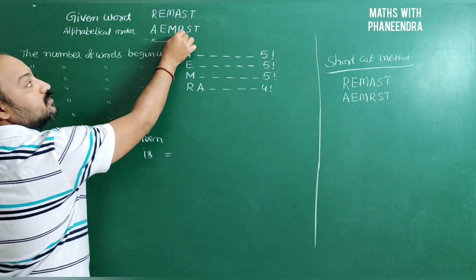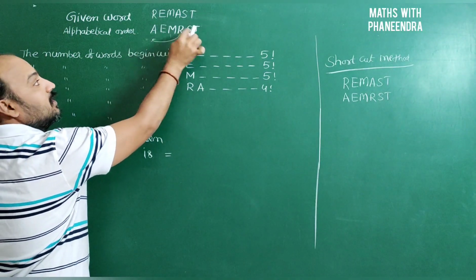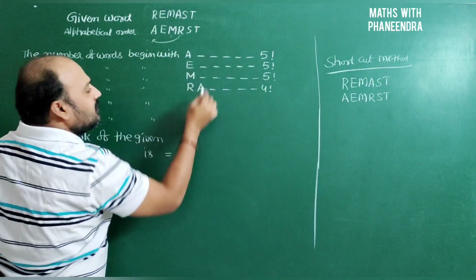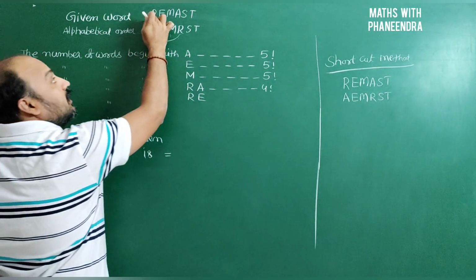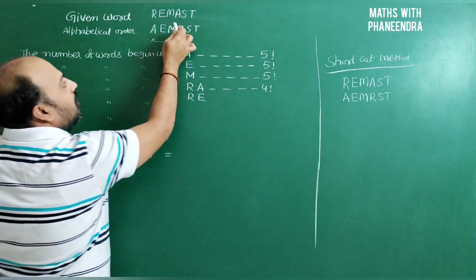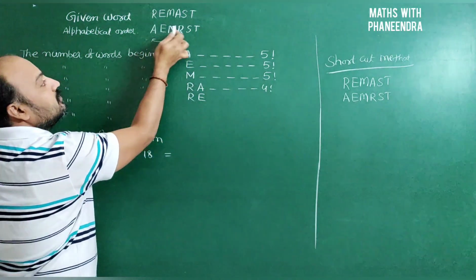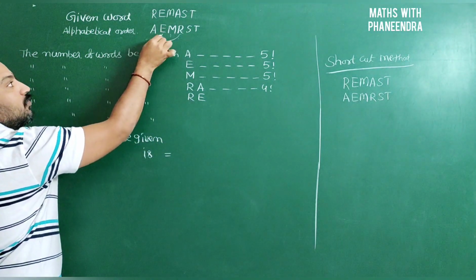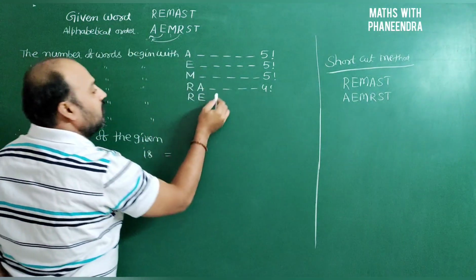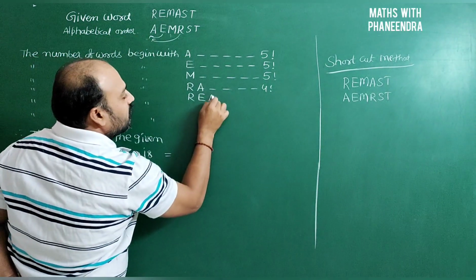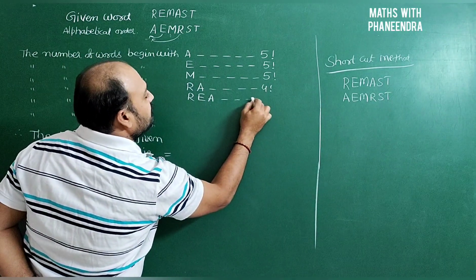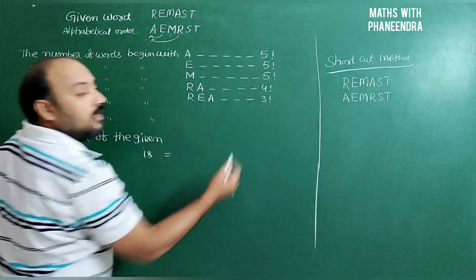Next, after A, what will be there? E. So RE. RE is also there in the given word, you can fix it. Then REA, again move forward. The number of words which begin with REA, the remaining 3 places can be done in 3 factorial.